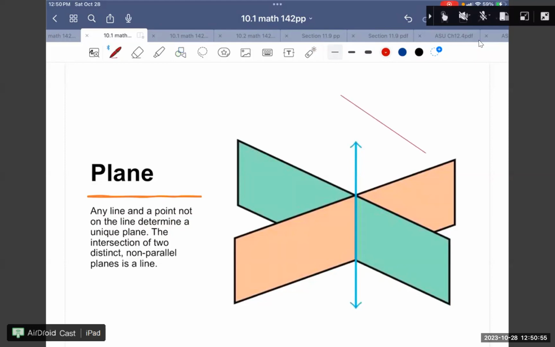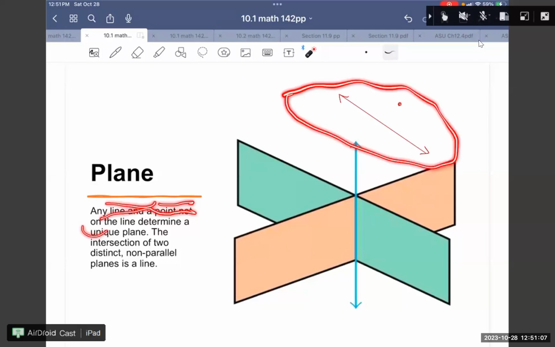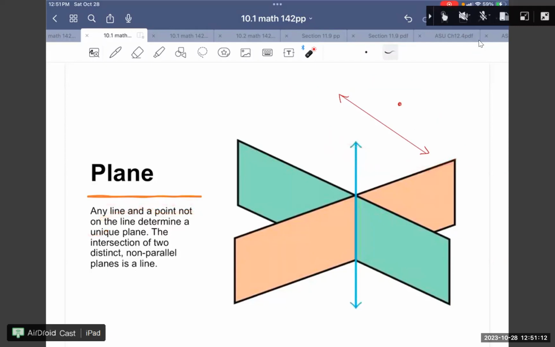You see, that is how they say any line and a point not on the line determine a unique plane. So this one is the unique plane, with non-parallel lines. This is one of the unique planes.